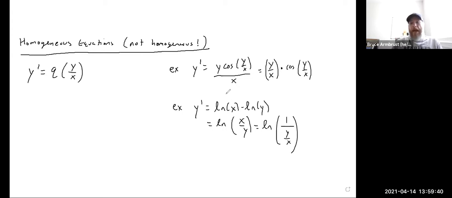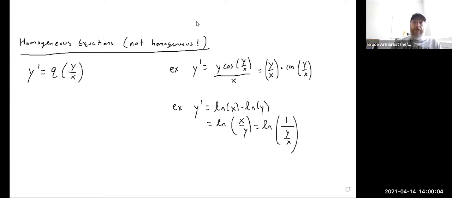So at the beginning, it definitely didn't look like one of these new homogeneous, but it absolutely is if you do some algebra on it. Sometimes these are hard to spot, but they're another kind of form.